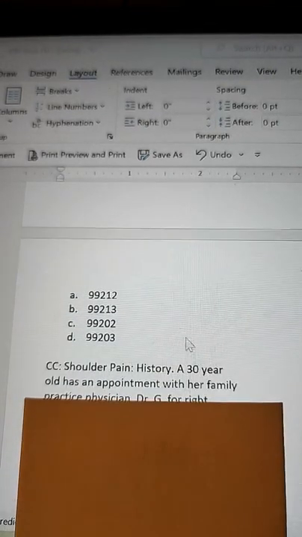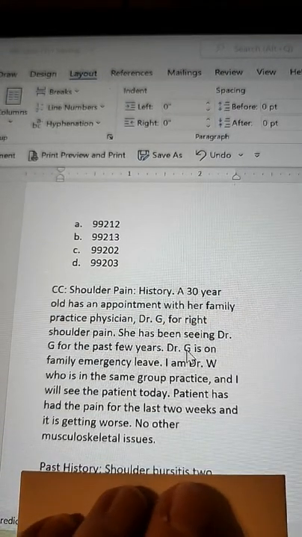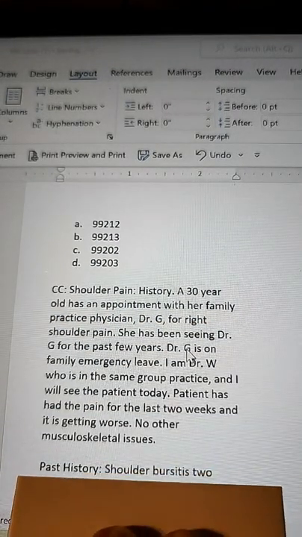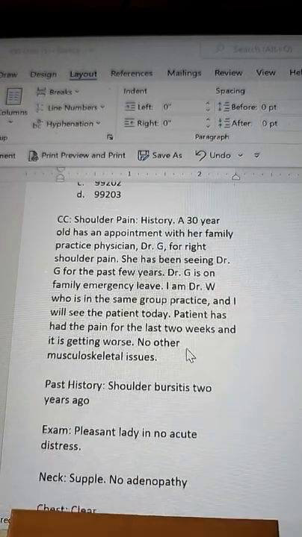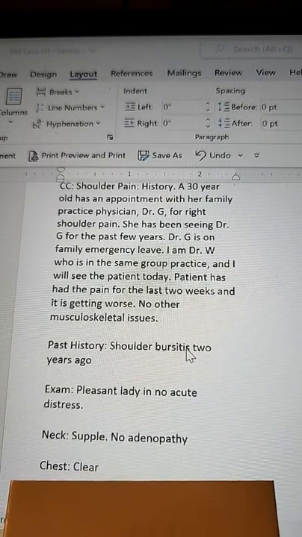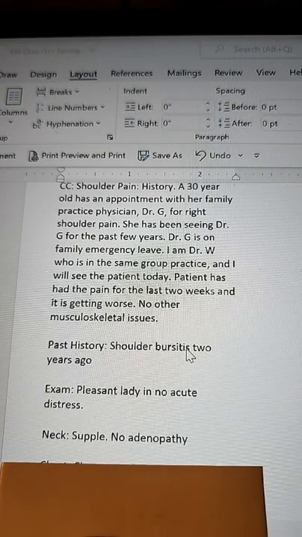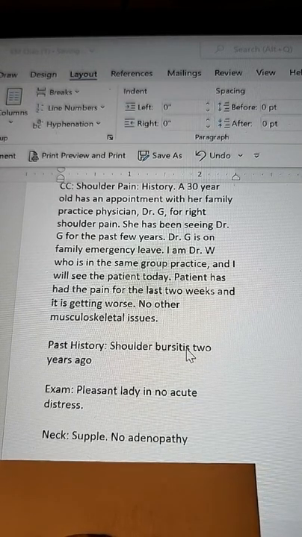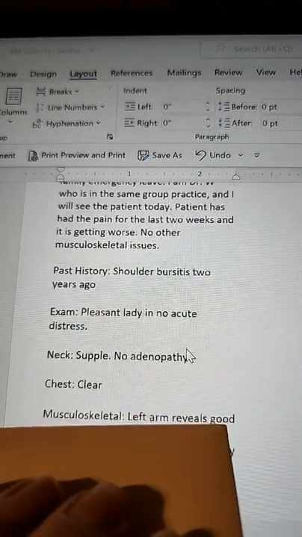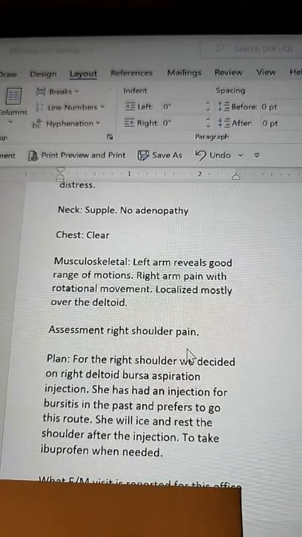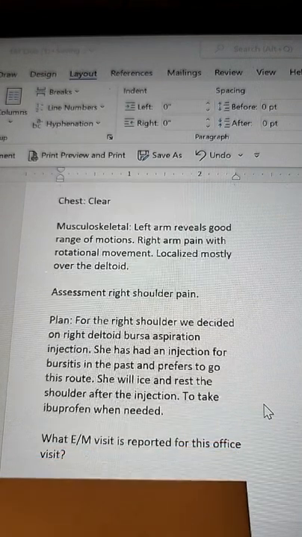So we've got new or established. So not too hard. We've got a patient here for shoulder pain. They keep going back between a Dr. G and a Dr. W. Follow up, have some ice.